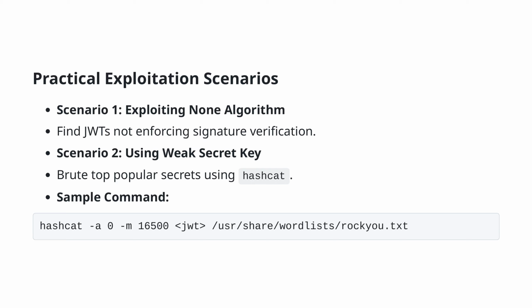Here, attackers can perform brute force attacks using tools like Hashcat to crack weak or commonly used secret keys. An example command for this brute force attack is shown, utilizing the rockyou.txt word list to systematically uncover weak passwords. These scenarios underscore the importance of implementing robust security measures in JWT handling to prevent exploitation.